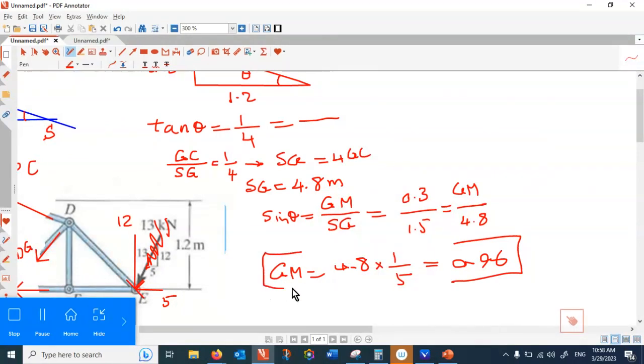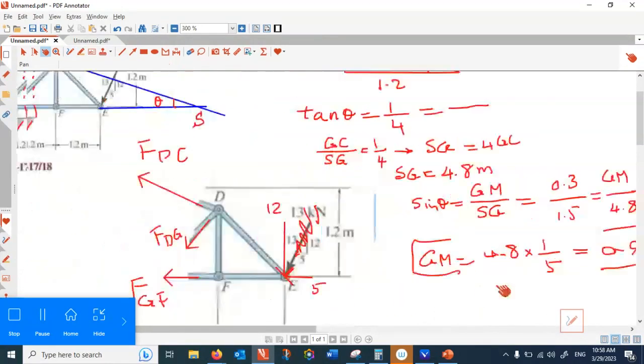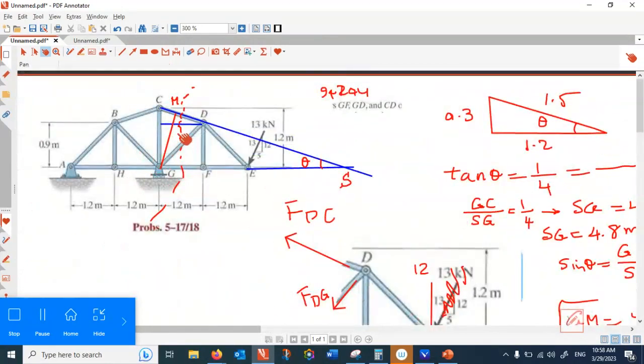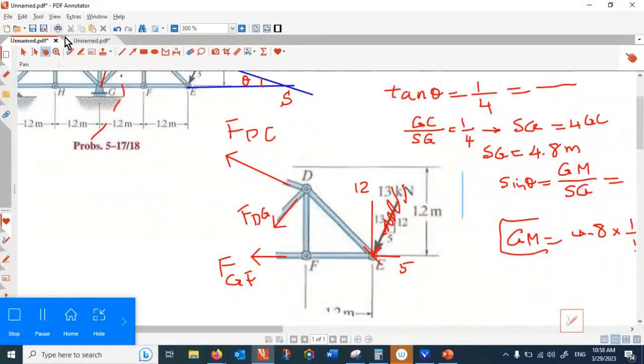So that's a very important number. GM is the very important number. That is the length of this red line. And now we can solve this free body diagram. Let me extend this line, and then if I extend that line, they are colliding at point G. So if this is point G, from point G you draw a normal to that one.